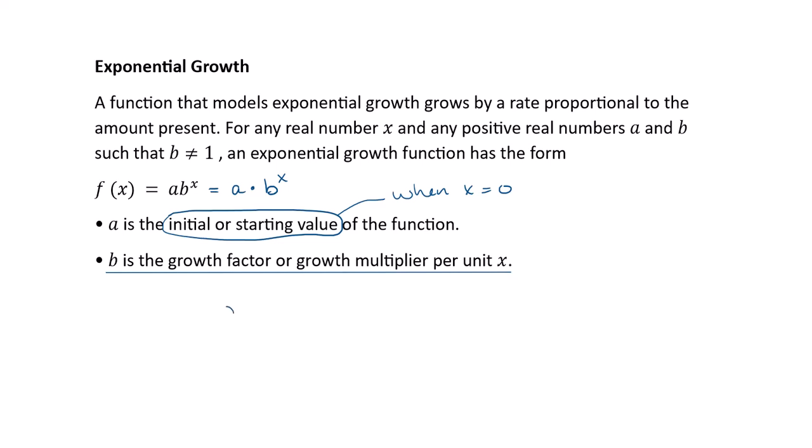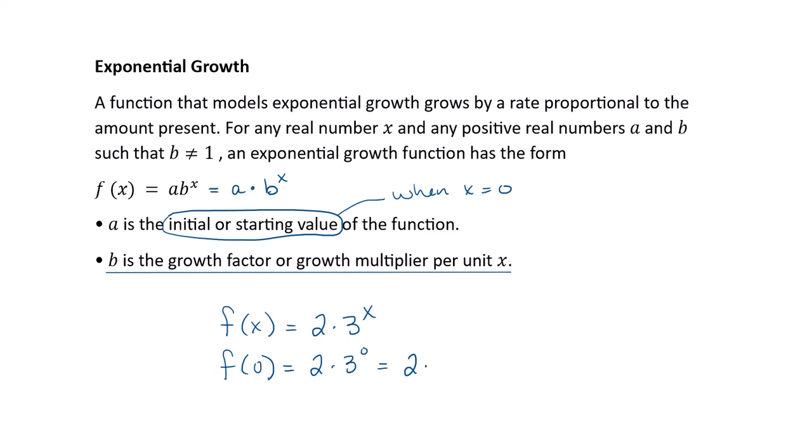For example, if I have f(x) = 2·3^x, it's easy to demonstrate what the initial or starting value of the function is. Because when x is 0, I'll have 2 times 3^0.